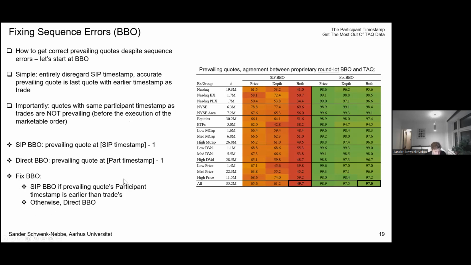So if we do that, then we do see, in SIP BBO, and now we already know that many of the quotes that are immediately reported before trades are actually caused by the trades. So those are not correct prevailing quotes.